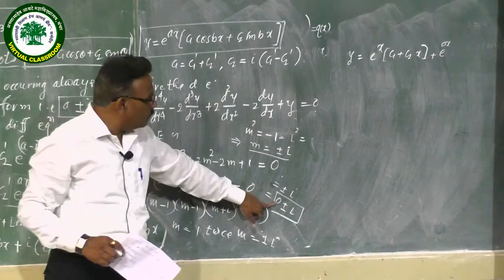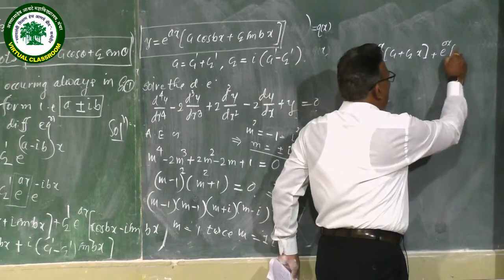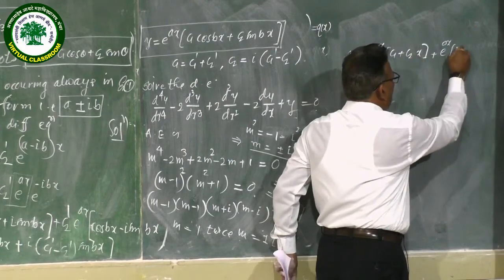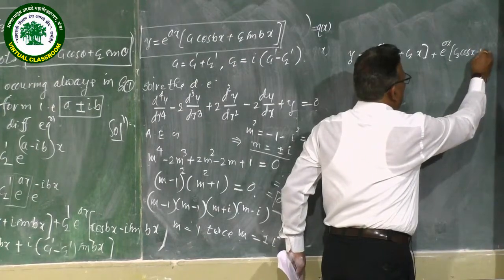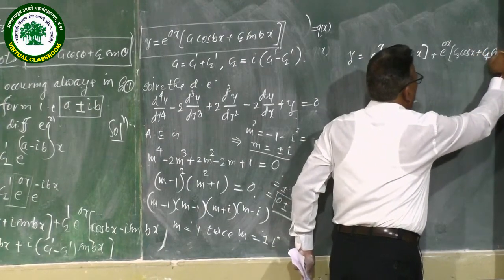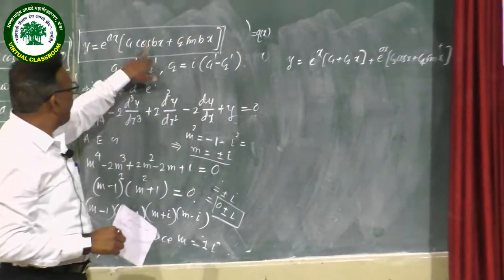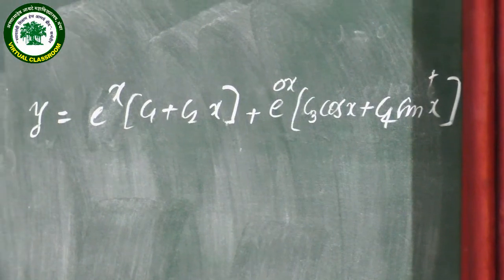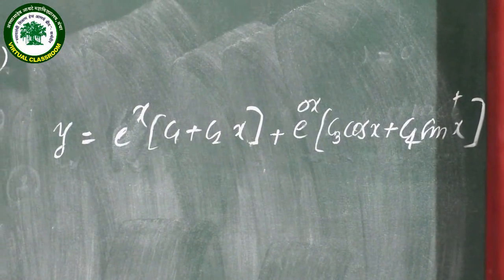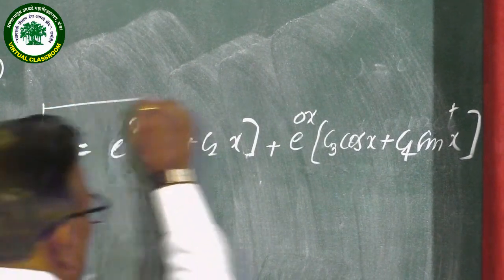Here a = 0, therefore e^(0x), and c1, c2 are already used, therefore c3 cos x + c4 sin x, because here b = 1. Therefore, 1 is substituted there: e^(0x)(c3 cos x + c4 sin x), and this is the complete solution of the given differential equation.